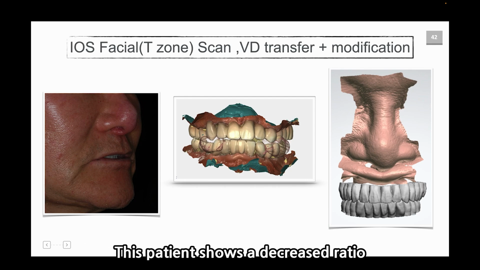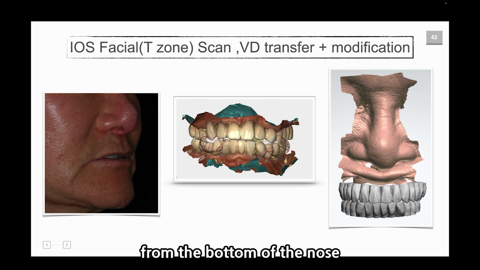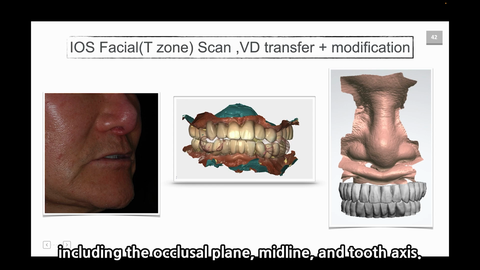This patient shows a decreased ratio from the bottom of the nose to the chin compared to the other areas. The existing temporary teeth need modification in all aspects, including the occlusal plane, midline, and tooth axis.